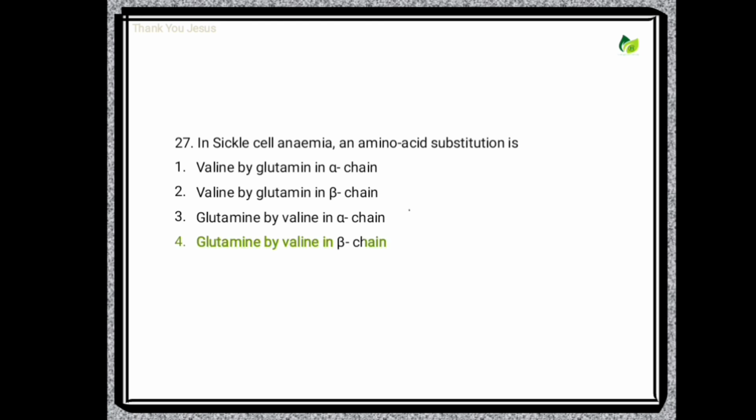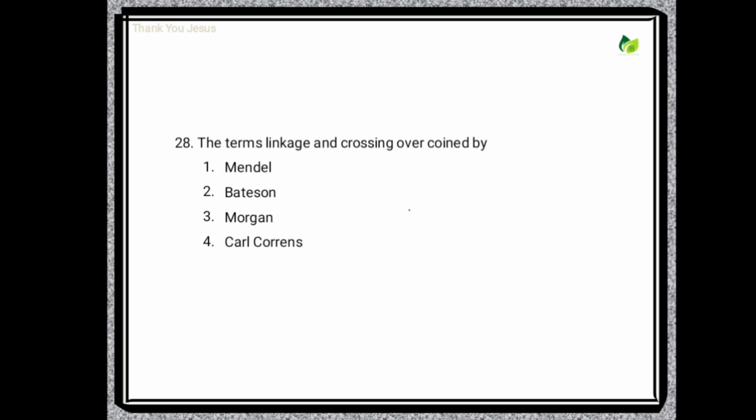So the answer is glutamine by valine in beta chain. Here the RBC becomes sickle shaped, so they are not able to carry a sufficient amount of oxygen from the lungs to the whole body. That is called sickle cell anemia. Let's see the next question.